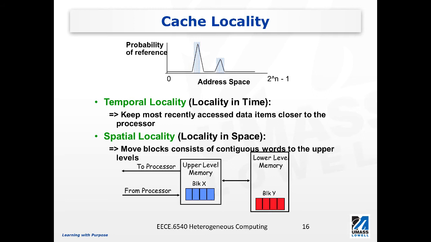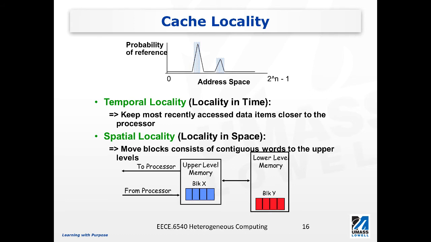If you look at this top diagram, the y-axis represents the probability of reference and the x-axis represents the address space. If you study all the application software that often runs on these processors, you can typically see the accesses clustered in a certain address range.